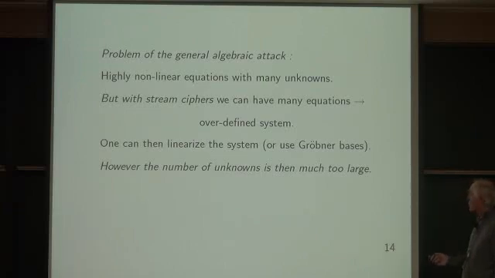Having an over-defined system with many more equations than unknowns allows linearizing the system, or better, using Gröbner bases. But even then, the number of unknowns is much too large.